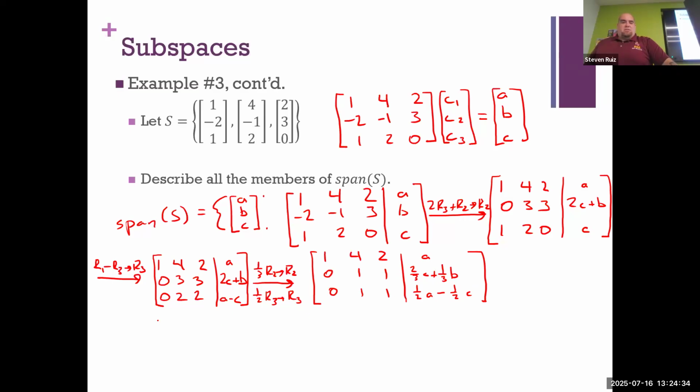All right, and then one more move was to cancel out a row. So row 2 minus row 3 back to row 3. And that was our last thing we did, right?